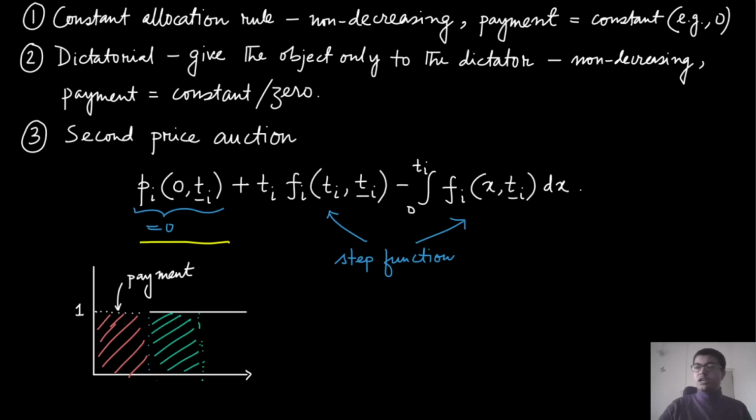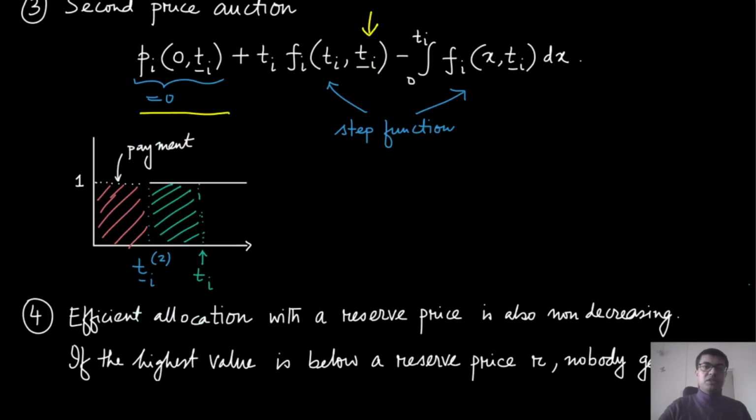behavior. So holding everybody else's type fixed, if player i's type increases, then till a certain point it does not win the object because its valuation is not the highest, and the moment it becomes the highest valuation, it starts becoming the winner. So the allocation rule would look something like this.